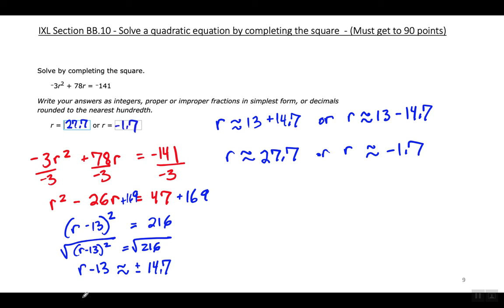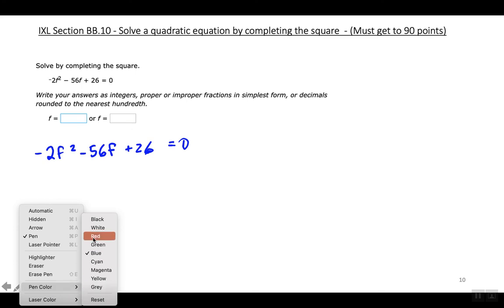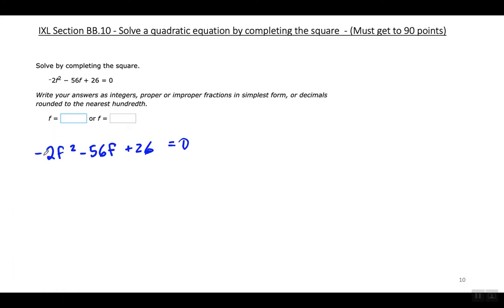A few more. So here's my next example. I've got negative 2f to the second power minus 56f plus 26 equals 0. The first thing I'm going to do is make a positive 1, and the way I'm going to do that is by dividing every term by negative 2, by whatever a is.